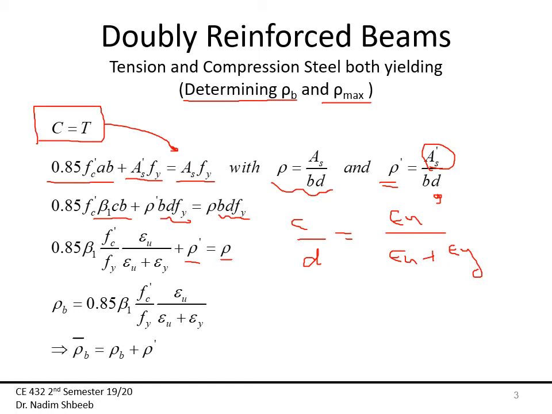Okay, so now this is going to be 0.85 beta 1 f prime c over fy times epsilon ultimate divided by epsilon ultimate plus epsilon y, plus rho prime is equal to rho, and then we know that rho balance actually is this part. So now rho balance for doubly reinforced, which I'm going to call now rho bar B, is simply the rho balance for a single reinforced beam plus rho prime.